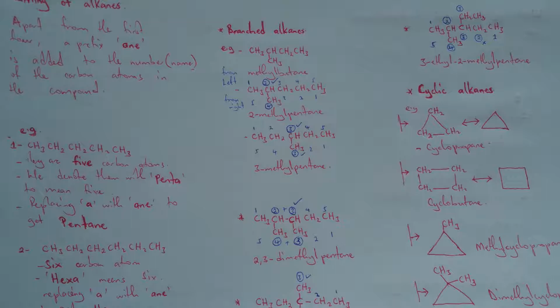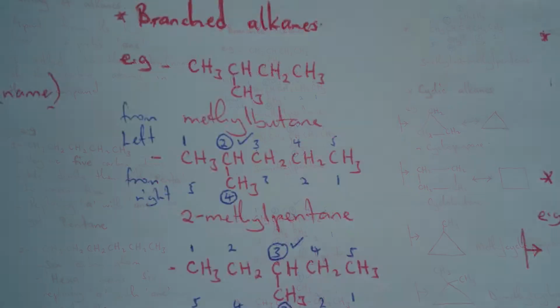We note where those side chains or substituents are attached on the long chain, or the carbon atom on which they are attached on the long chain, what we call the parent chain.